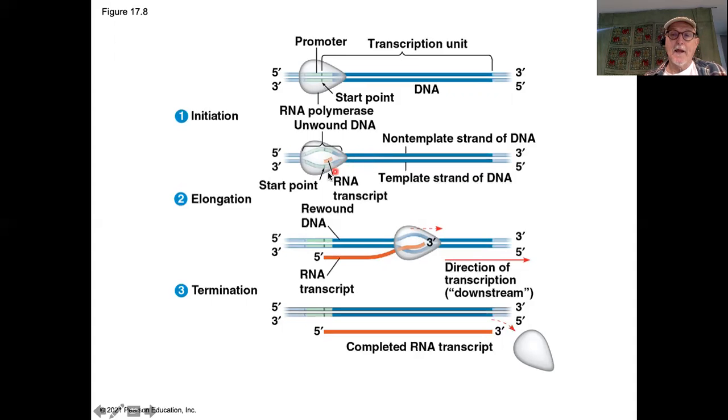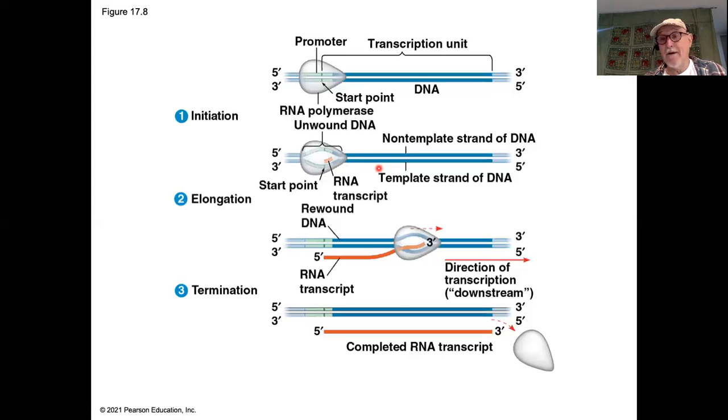Why? Because this is the 5' end of the RNA. And just like any nucleic acid, the only place we can add bases to this messenger RNA transcript is at the 3' end. That constrains it. It has to be going in this direction, and it has to be using this as the template.